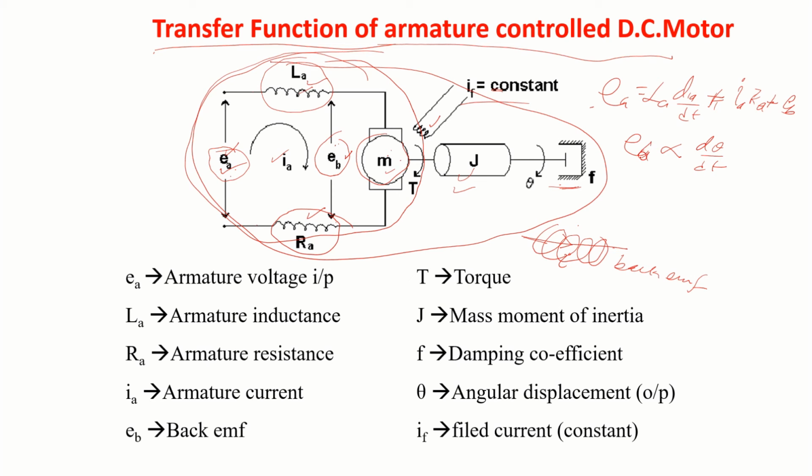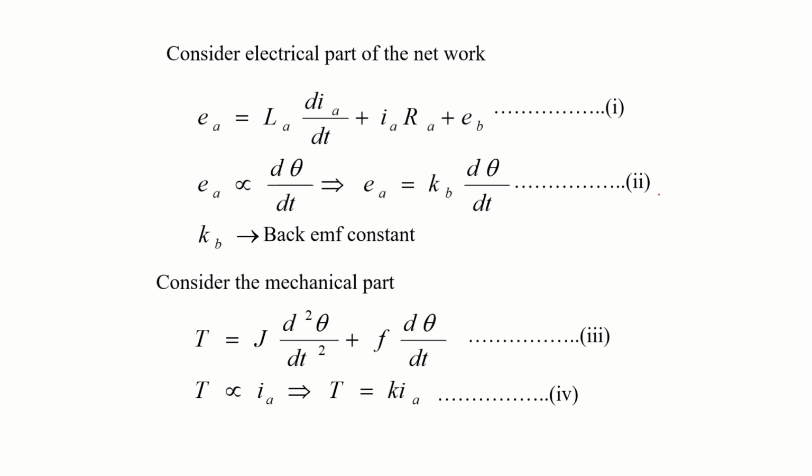So EB is equal to KB dθ/dt. Please correct that earlier mistake; it is EB. When I develop a relationship between EB and dθ/dt, I get a curve, and its slope is what you call the back EMF constant. These are the two equations.